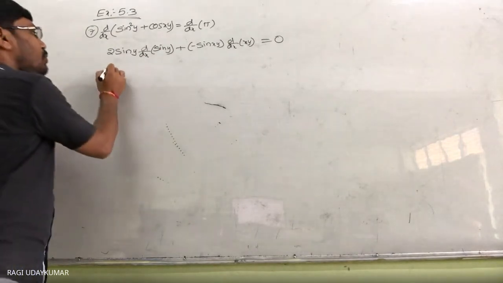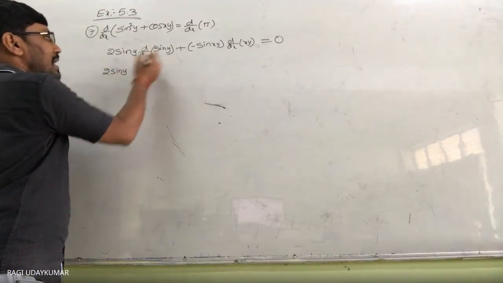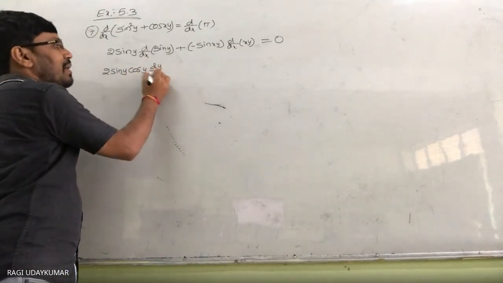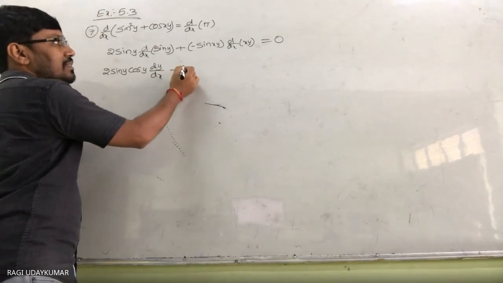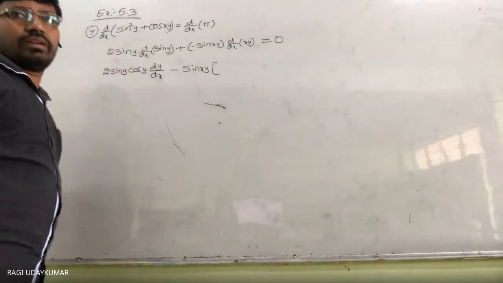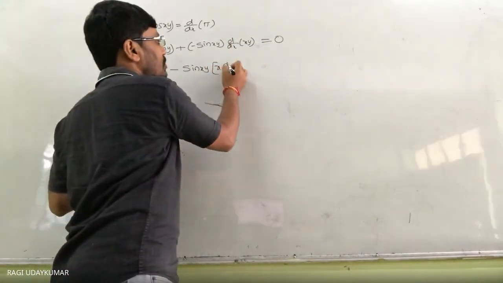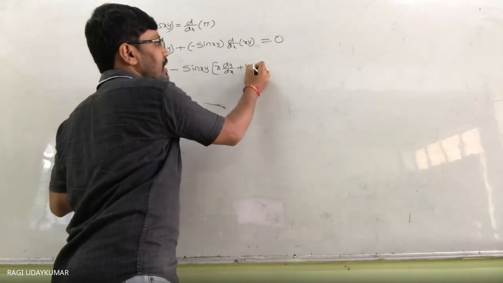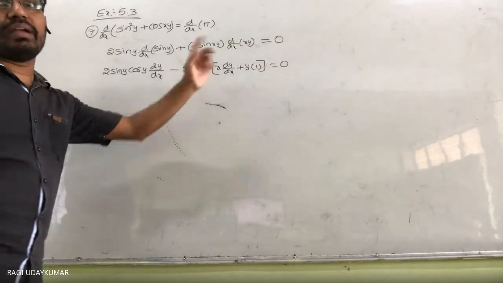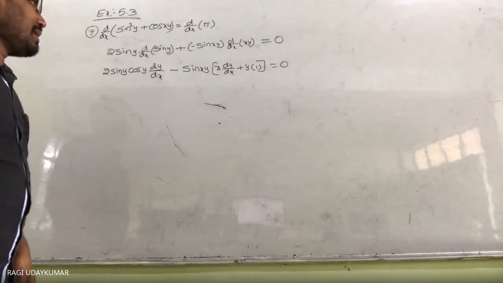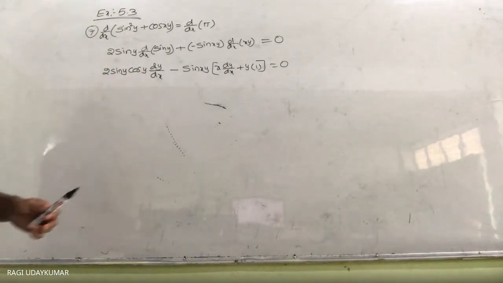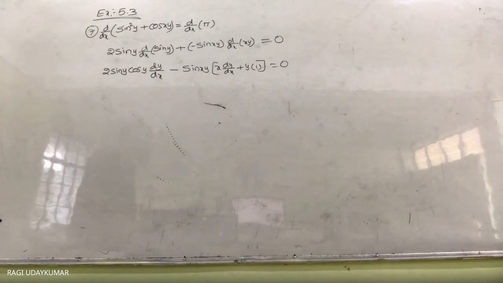So what do you get here? 2 sin y, sin y derivative is cos y, and y derivative again, that is dy by dx, minus sin xy into xy derivative: x into dy by dx plus y into 1, is equal to 0. Write the brackets properly here, and multiply this sin xy inside. Wherever you have 2 sin y cos y, it can be written as sin 2y.